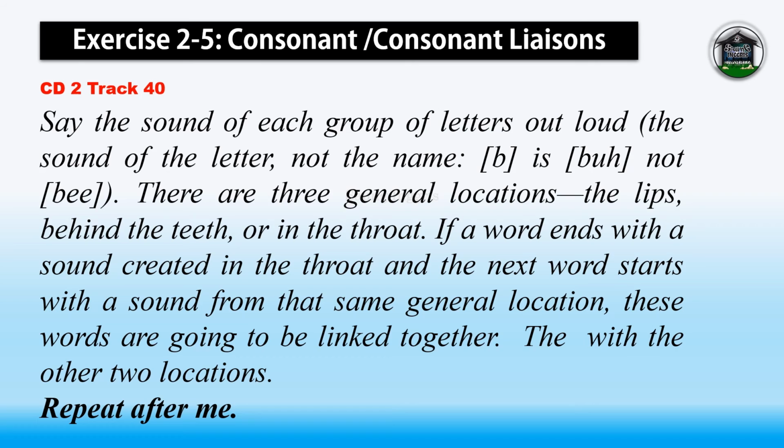There are 3 general locations: the lips, behind the teeth, or in the throat. If a word ends with the sound created in the throat, and the next word starts with the sound from that same general location, these words are going to be linked together. The same with the other 2 locations. Repeat after me.